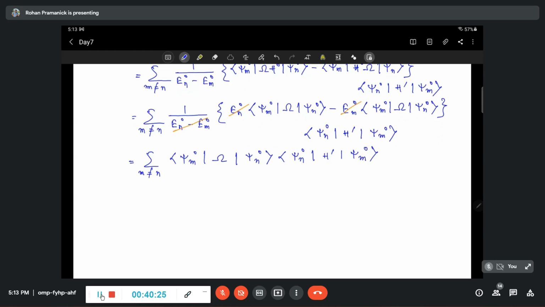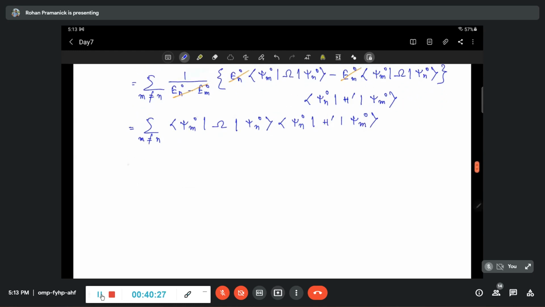Now we have these two things, but these two things are just numbers. They are not matrices, they are inner products, so they are numbers. So what we can do is interchange them without much thought. So I am writing here psi n0 h prime psi m0.